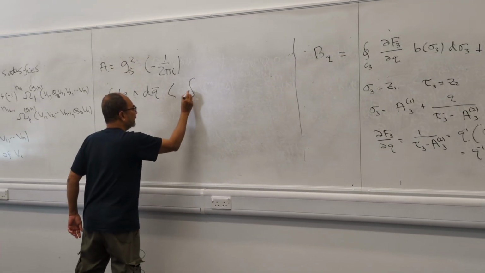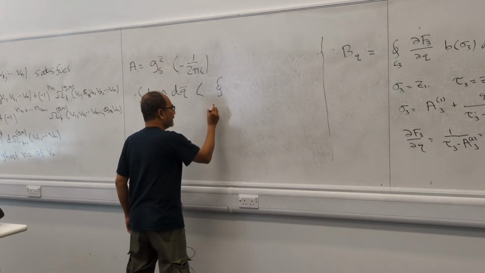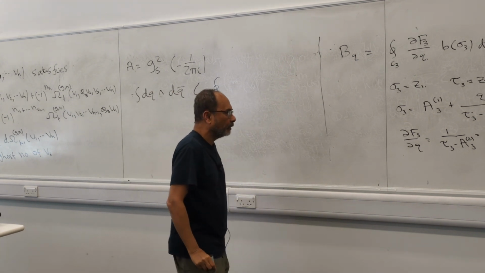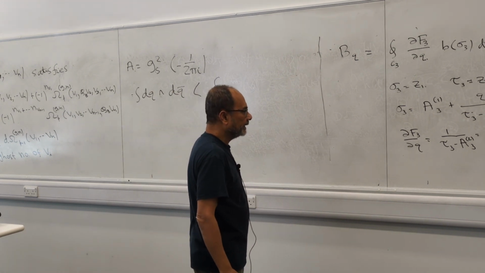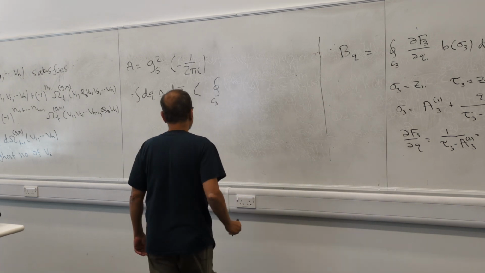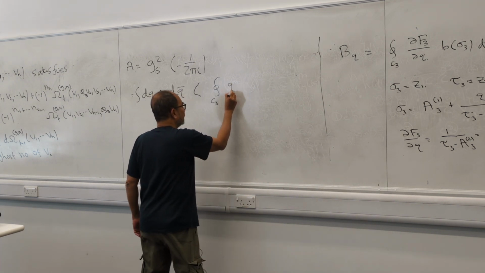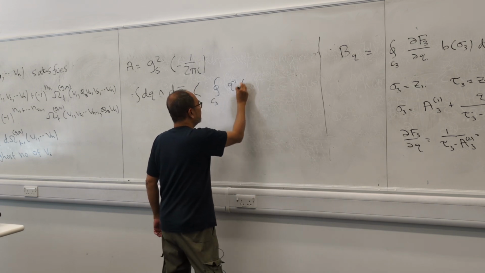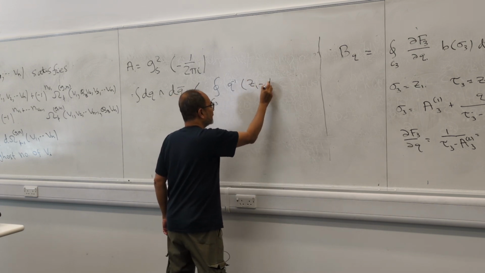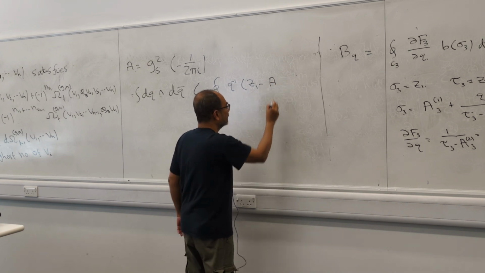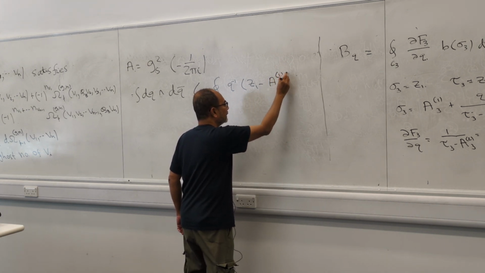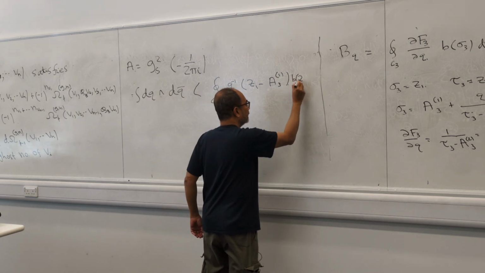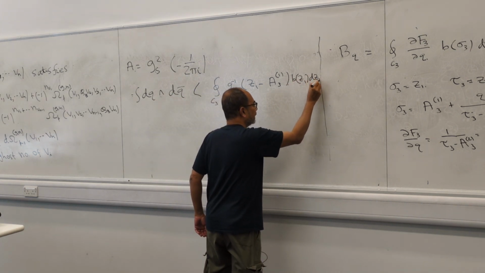Let me write these integrals first. So these are integrals over our C3. We'll see in the Z1 plane what it does. It's integral over C3 of Q inverse times Z1 minus A13, dZ1.